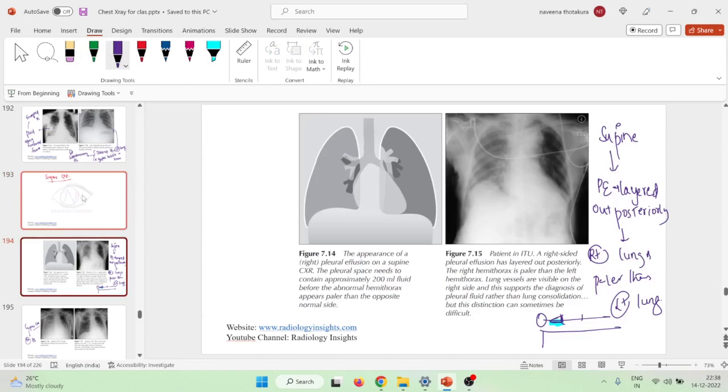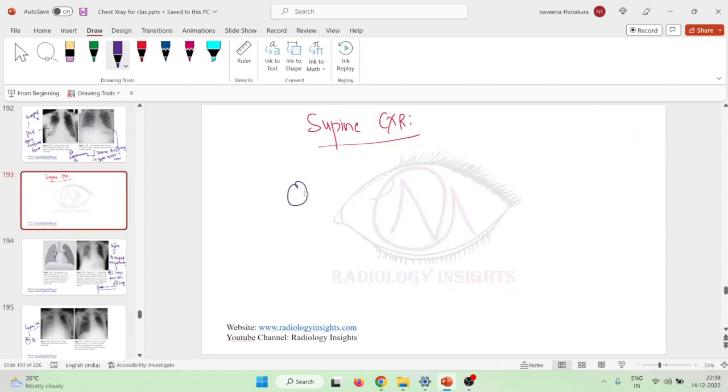Already, as I have said, whenever the patient is sleeping in supine position, these will be the lungs, something like this, and there will be pleural fluid like this. Now the pleural fluid is layered out posteriorly very well like this. Because of that, this side you will see is brighter or whiter when compared to the normal side.